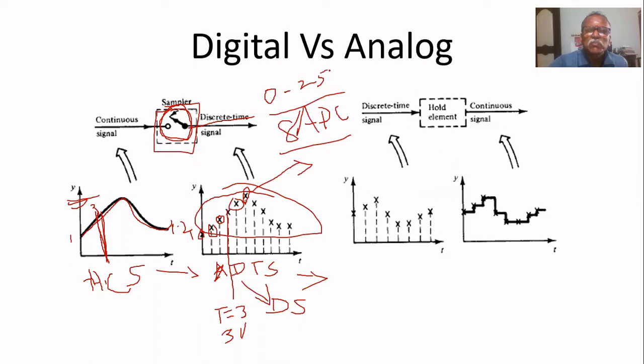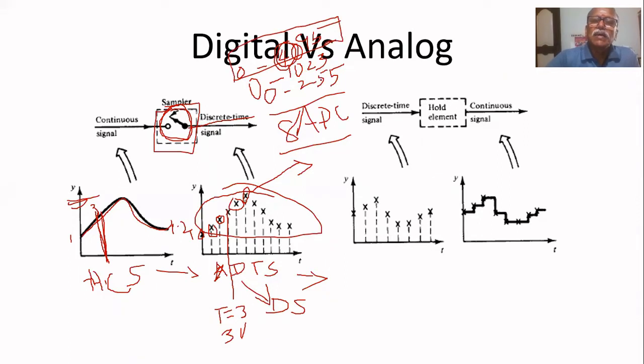Suppose I am using a 10-bit ADC, then its value varies from 0 to 1023. Suppose I am using 12-bit, it varies up to 4095.